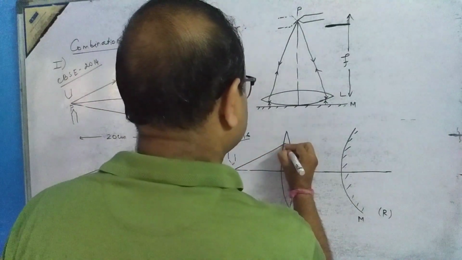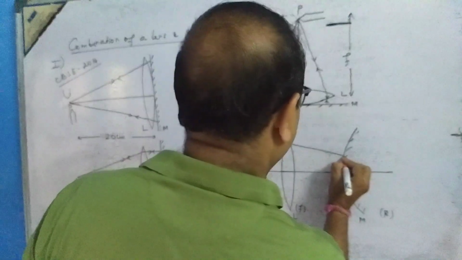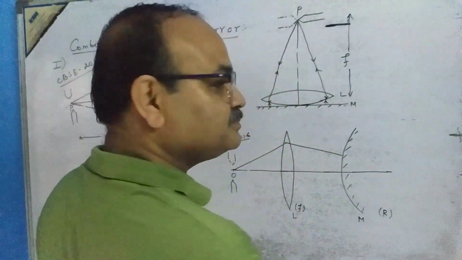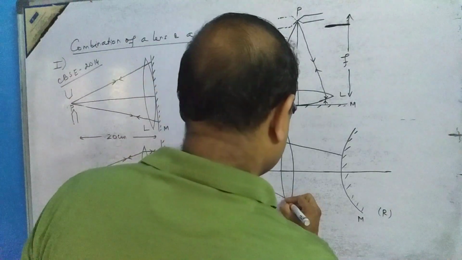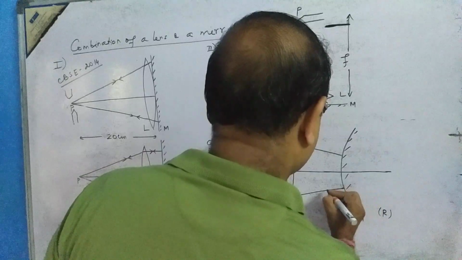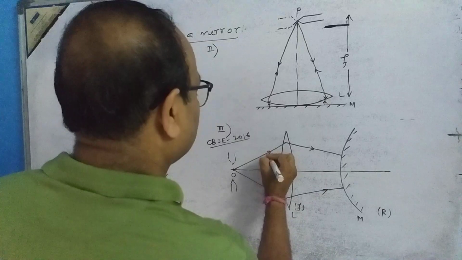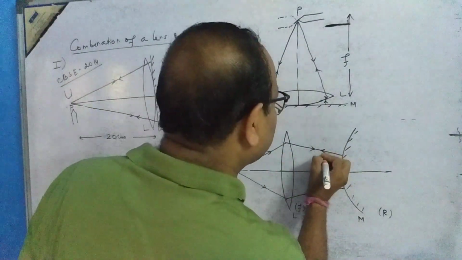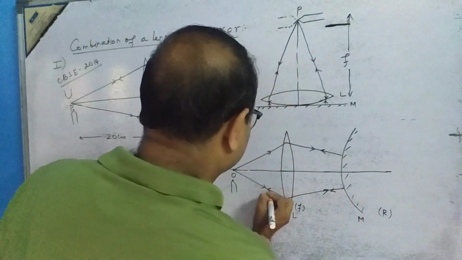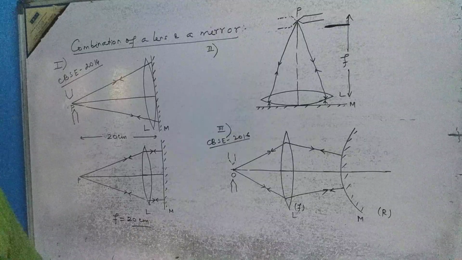The ray will go like this and fall at normal incidence here. Again the ray will go like this and fall at normal incidence. When it falls at normal incidence, only then will it retrace its path and its inverted image be formed.